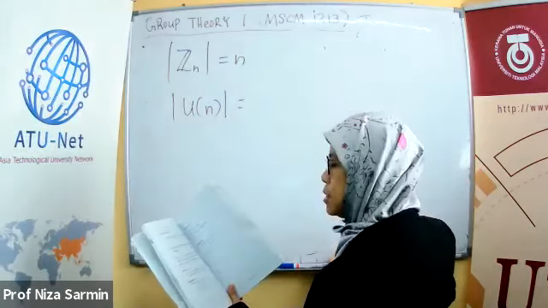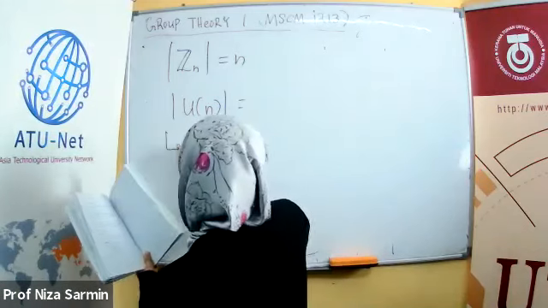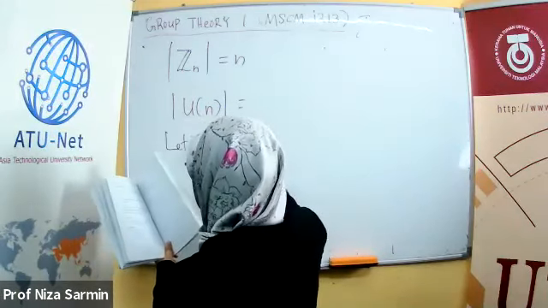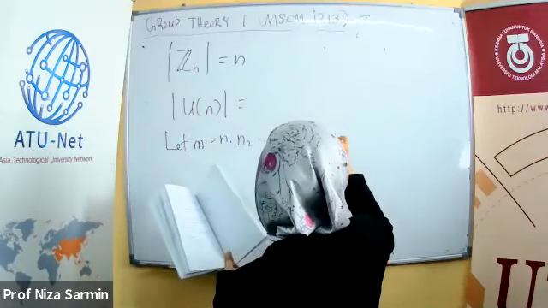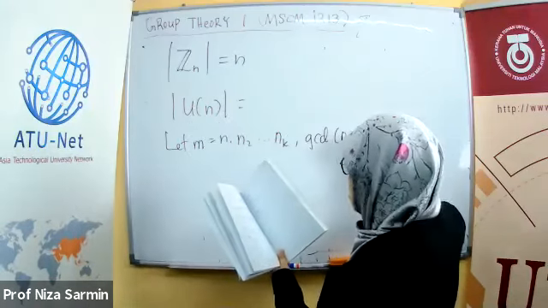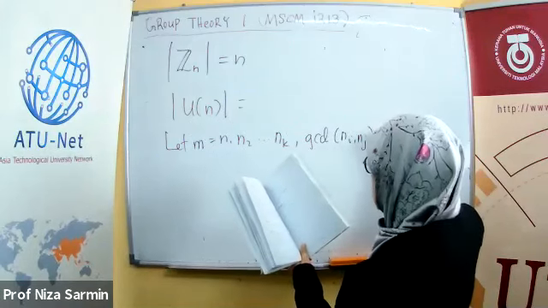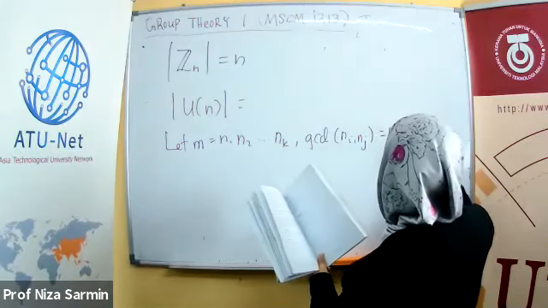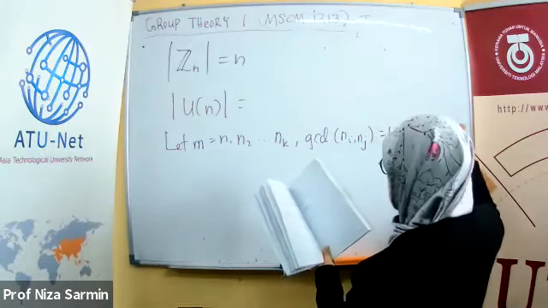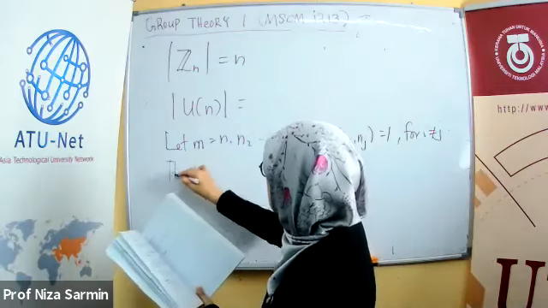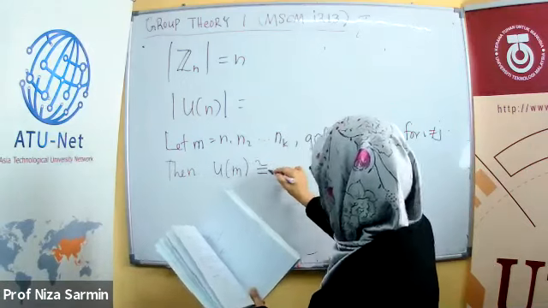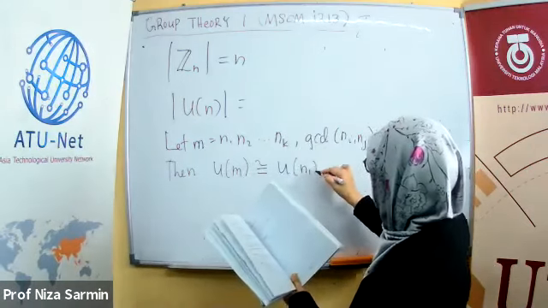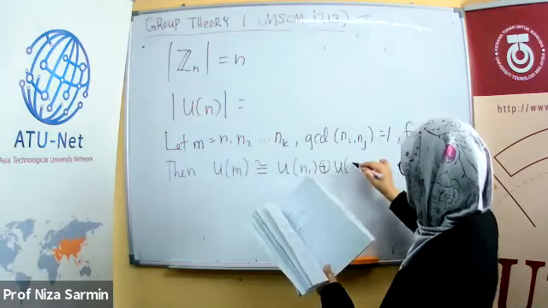So the first theorem says, let m be written as n1, n2 until nk with GCD of ni and nj being 1 for i not j. Then you can write Um isomorphic to these Uns.